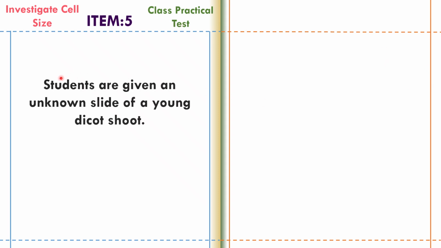Still under investigation of the cell size, item 5: the class practical test. Students are given an unknown slide of a young dicot shoot.